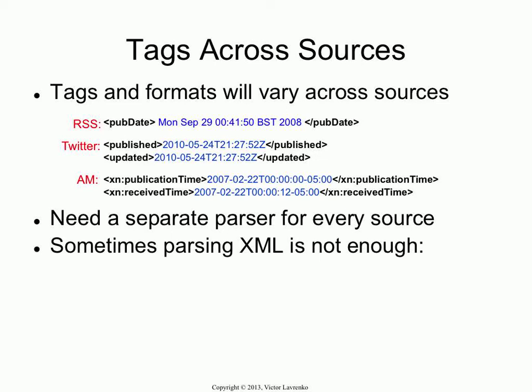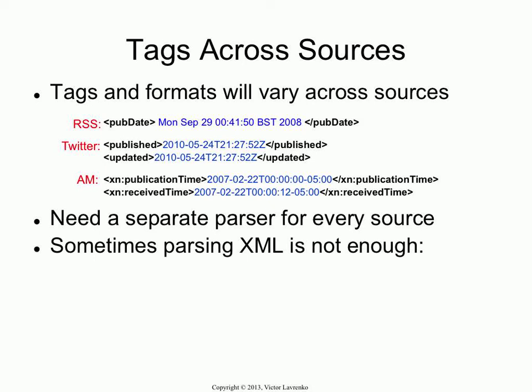All of them are in different formats. Now, that's not a problem in and of itself. If you're using a reasonably high-level language, you'll have libraries that will convert all of these expressions to exact timestamps. The difficulty comes from a different source. Look at the tags. All of them use different tags to refer to essentially the same thing. So it's fine if you're only crawling Twitter, or if you're only crawling Acquire Media, for example.